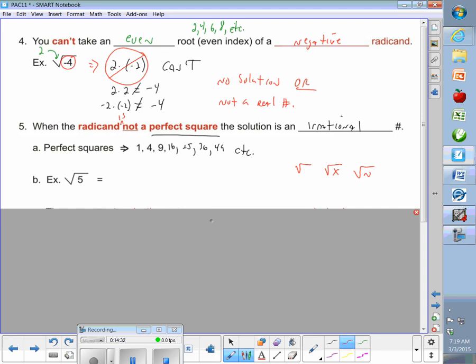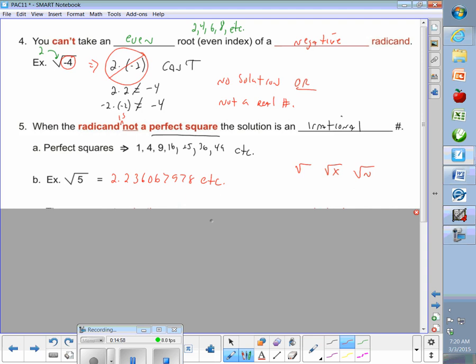In a lot of calculators, you punch in the 5 first and then that button. In some other calculators, you have to punch the button first and then the 5. So hit the square root of 5 and you get 2.236067978, etc. Keeps going on and on and on.